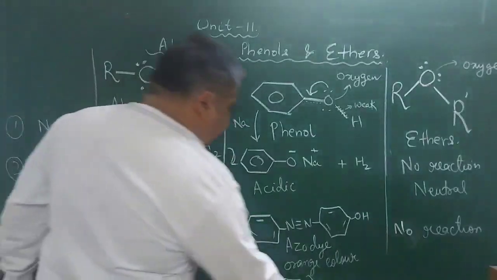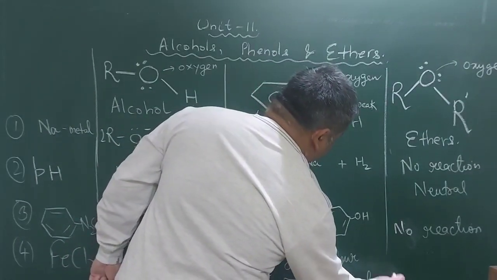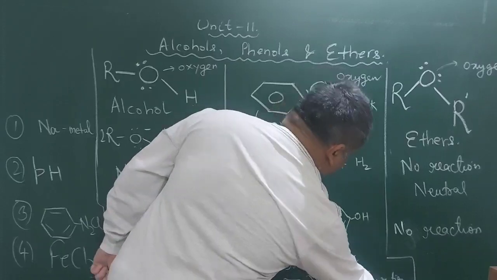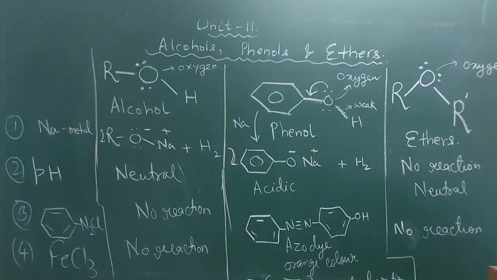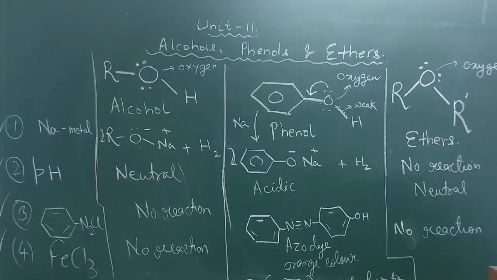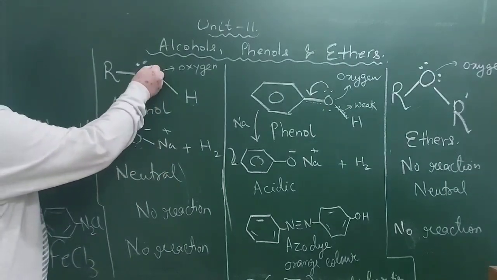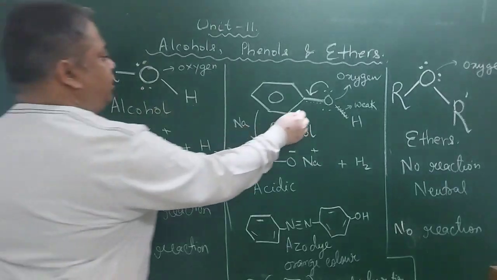It will give a red coloration. So they have many similarities and many differences, isn't it? We have seen some of their properties in which they show similarity and some in which they show differences. The most glaringly seen similarity is the presence of oxygen in each of these.